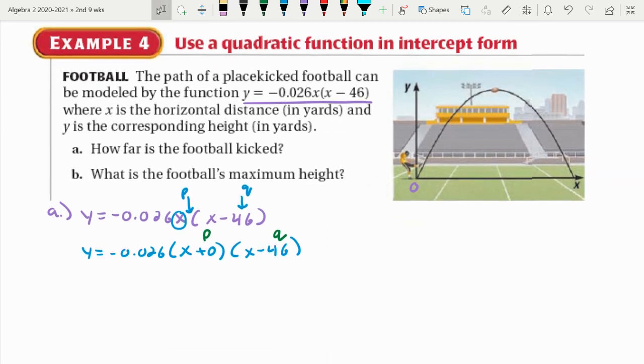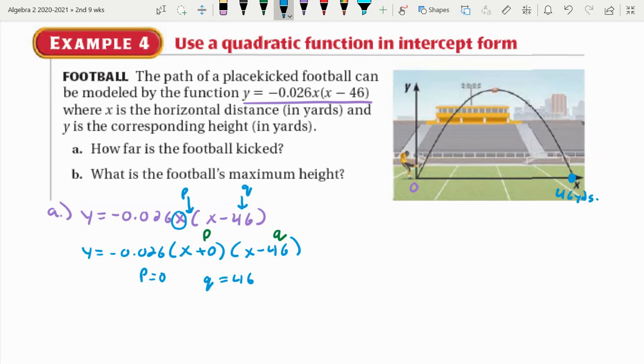So essentially here, we've got P equals 0, which makes sense because that's where he kicked it. If you look at the graph. And then Q, remember you're going to change the sign, is 46. Right? So essentially, if the ball lands here, this is 46 yards.